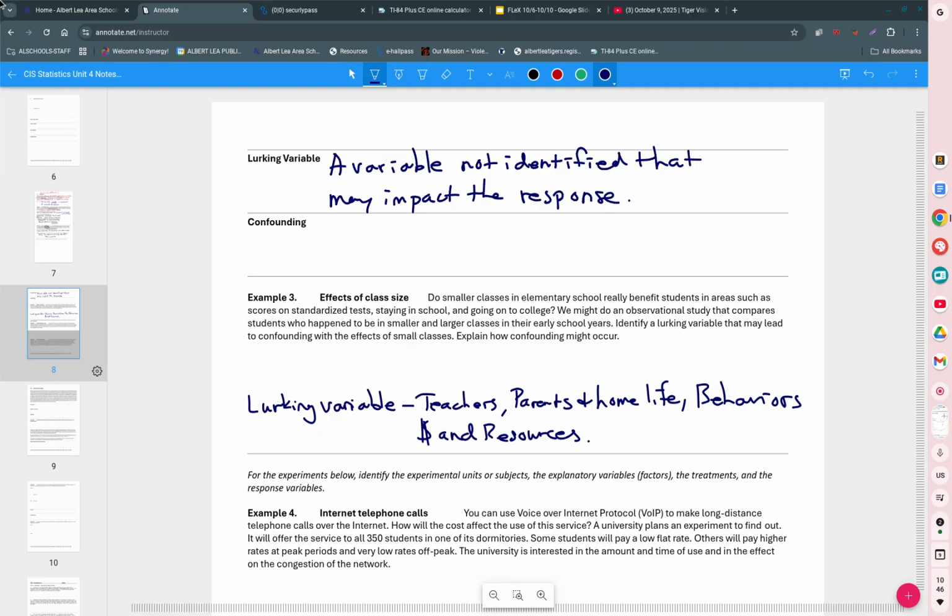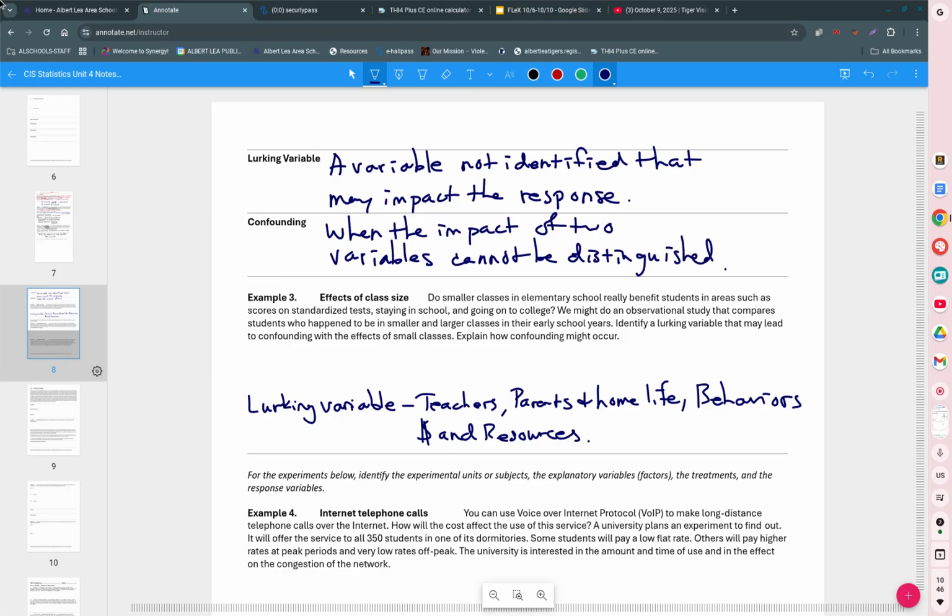Confounding is when the impact of the two variables cannot be distinguished.